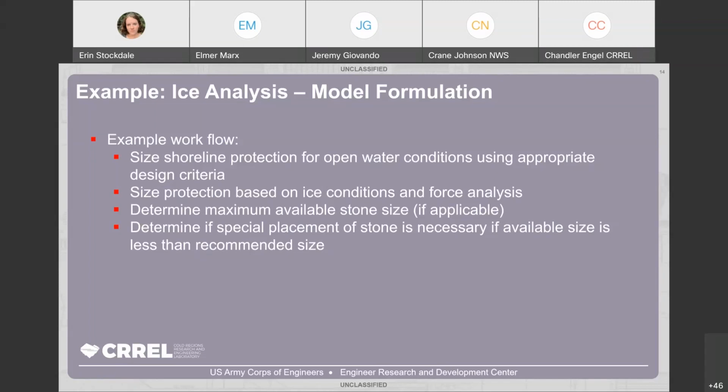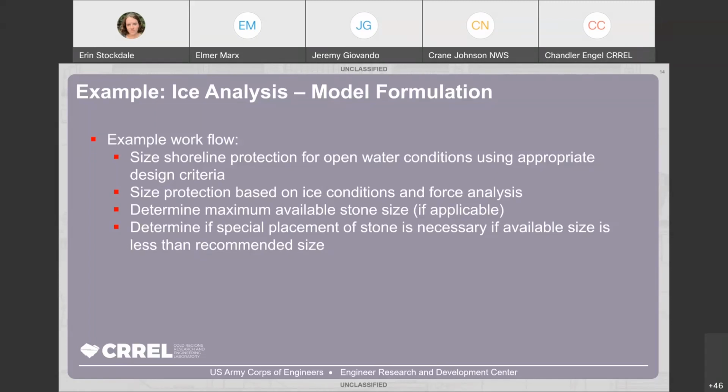But it's also probably worth doing a force analysis on that, because instead of having to armor with the same diameter for miles and miles, perhaps you can do a force analysis to give you a better idea where you need to focus that. And then also another determining factor is, of course, you need to look and see what your maximum stone size is.